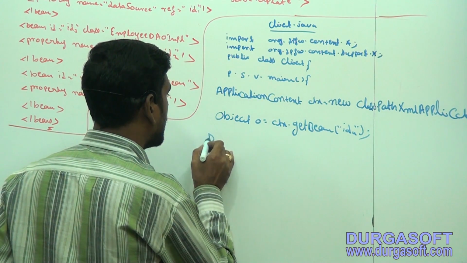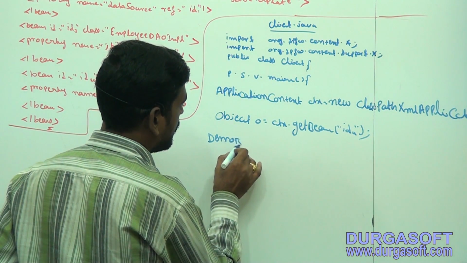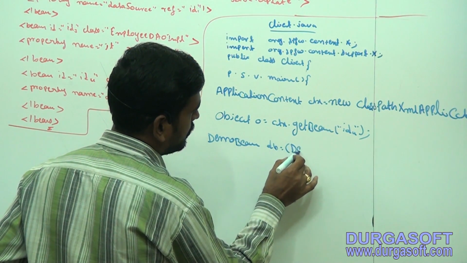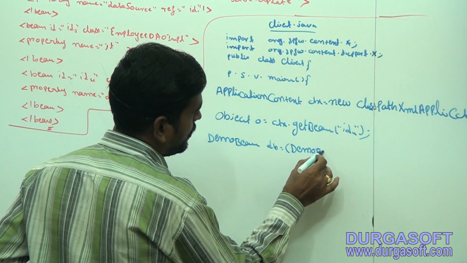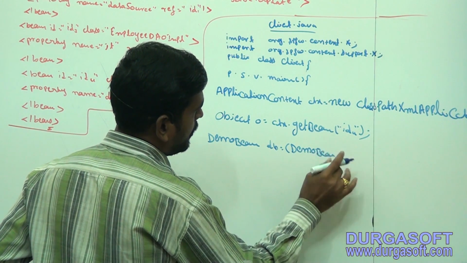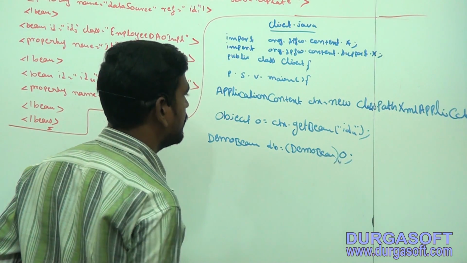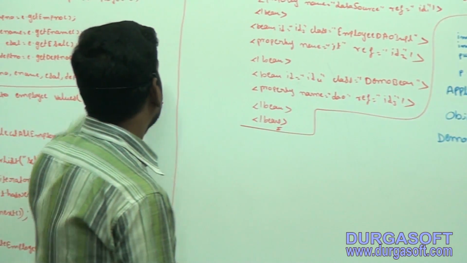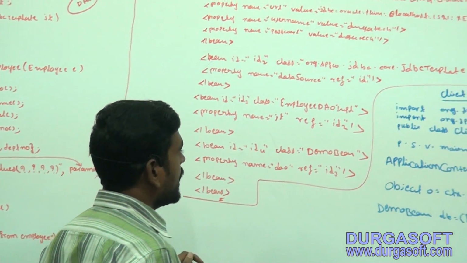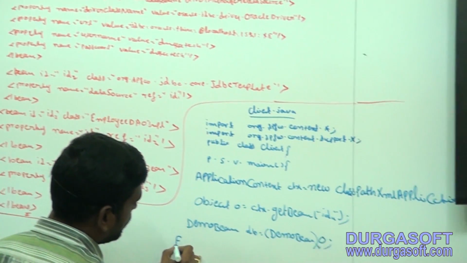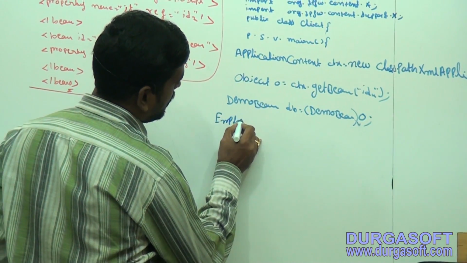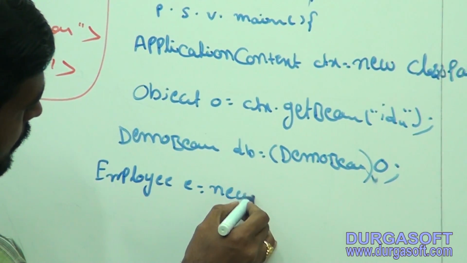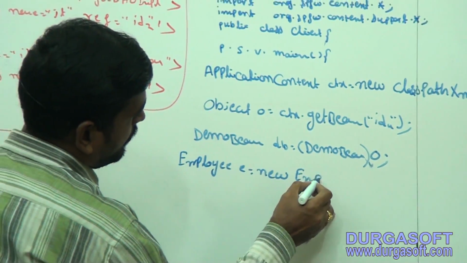Then typecast: DemoBean db is equal to DemoBean of o. We can typecast like this. After typecasting, now we can create the Employee class object. Employee e is equal to new Employee.